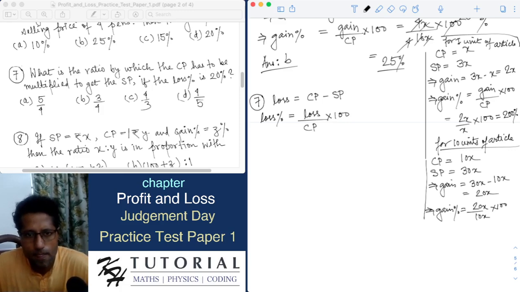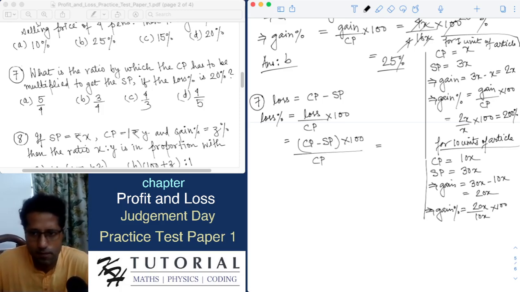This is equal to loss, we know it is CP minus SP. So we have loss percent equals CP minus SP into 100 divided by CP. Now loss is given to be 20%. So this is 20. It is asking what is the ratio by which the CP has to be multiplied to get the SP.